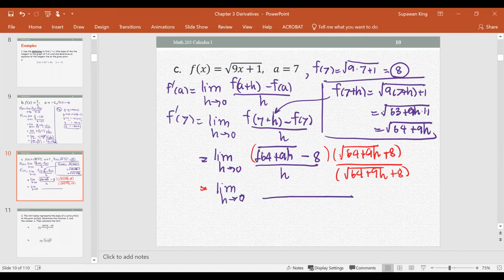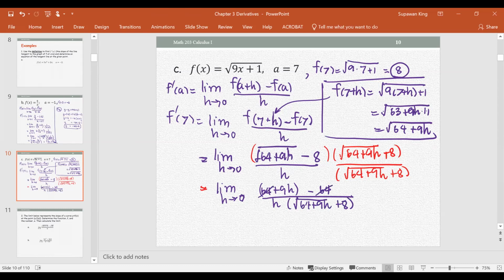The numerator is 64 plus 9h, which is from squaring the square root. Squaring and square root take care of each other. Then minus 8 times 8, which is 64. And the denominator is the product of h and the square root of 64 plus 9h plus 8.